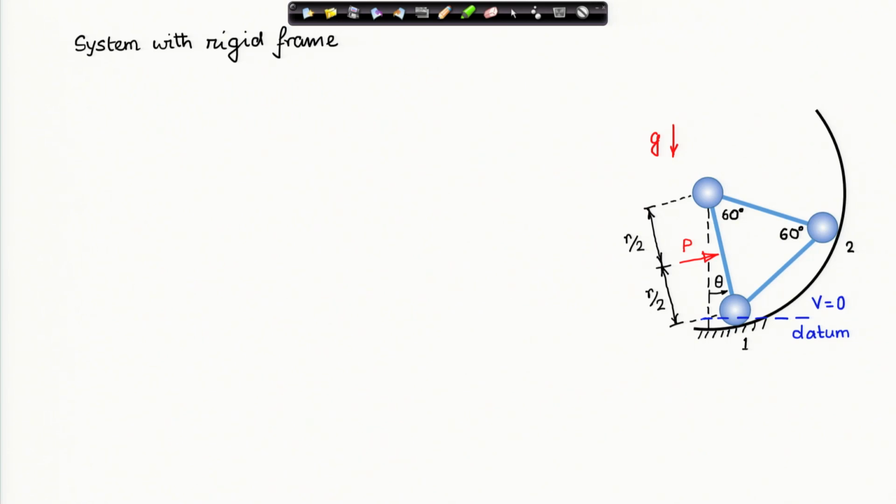This is a system with a rigid frame. We are going to use our work energy relation, and for that we need to fix a datum for the potential energy, because this whole system is in the vertical plane. Therefore, we have acceleration due to gravity as shown acting vertically downwards.